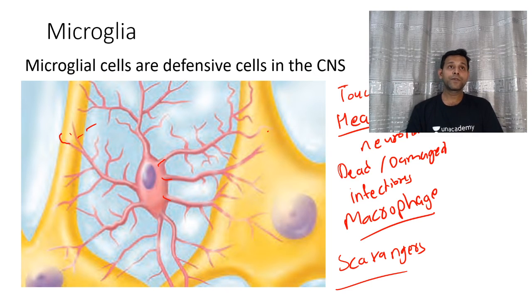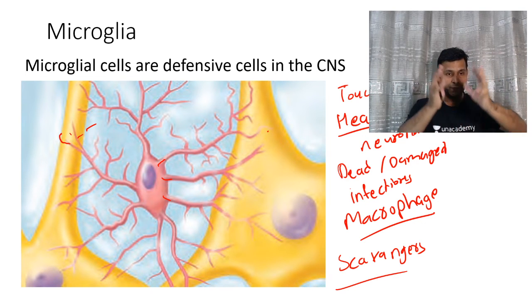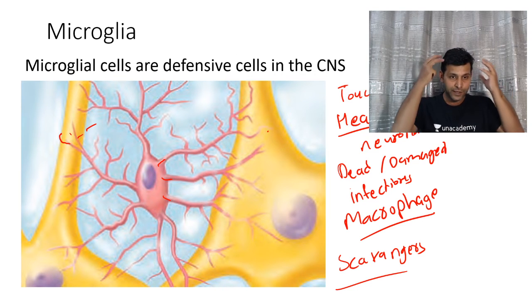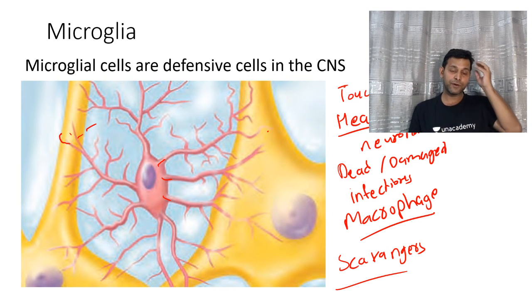I will answer your question, Ketki. Although the ratio of glial cells to neuronal cells is 10:1, meaning 10 glial cells to 1 neuronal cell, when you consider volume, 50% of the area of the CNS is for glial cells and 50% is for neuronal cells.